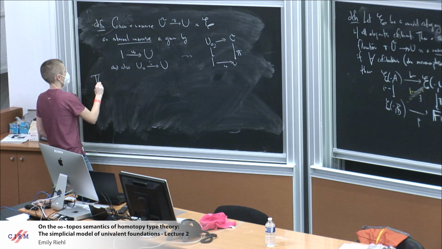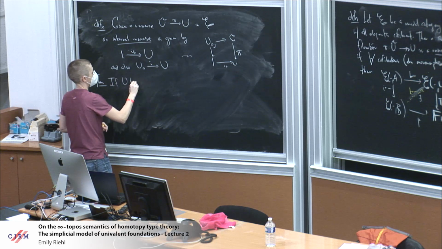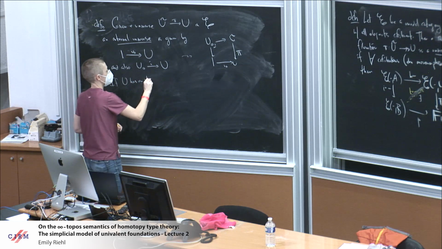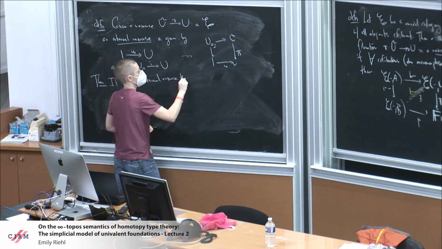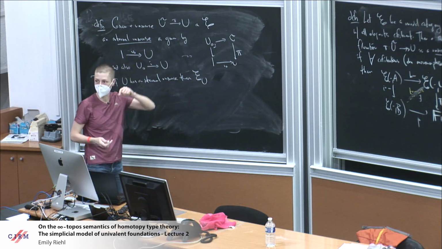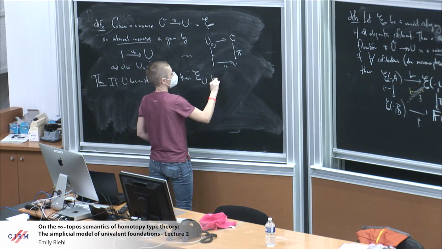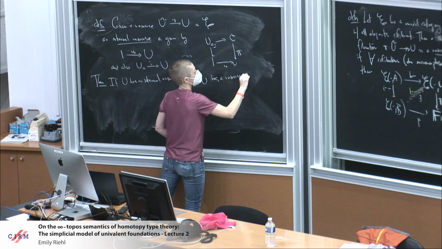So the theorem about this notion is that if U has an internal universe, then E_U, the contextual category that we built from U using Voevodsky's construction that I discussed previously, has a universe. And what is it? It's this U naught.